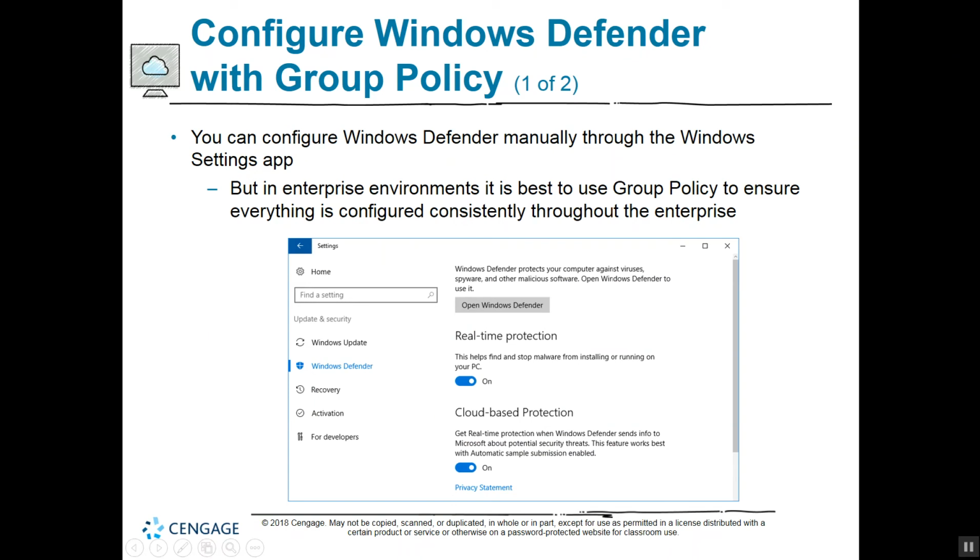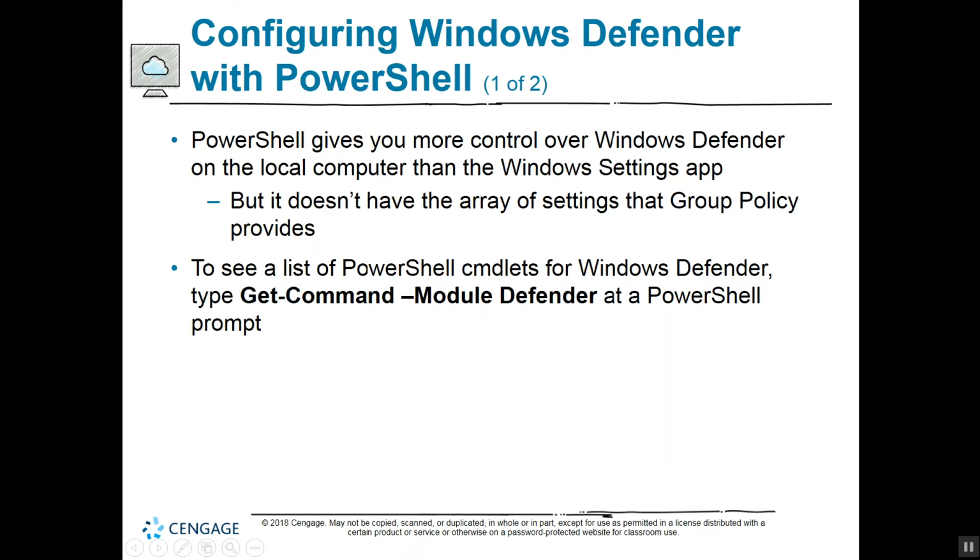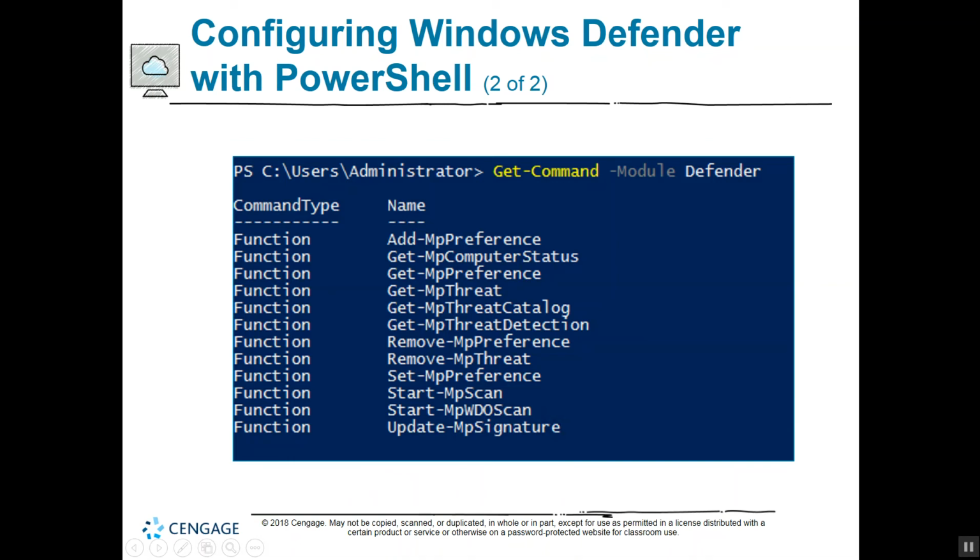Now, configure Windows Defender with group policy, much like the other. There's Defender and our settings. We can use the PowerShell cmdlet Get-Command -Module Defender. All right. We can run it and find the functionality associated with the Defender commands.